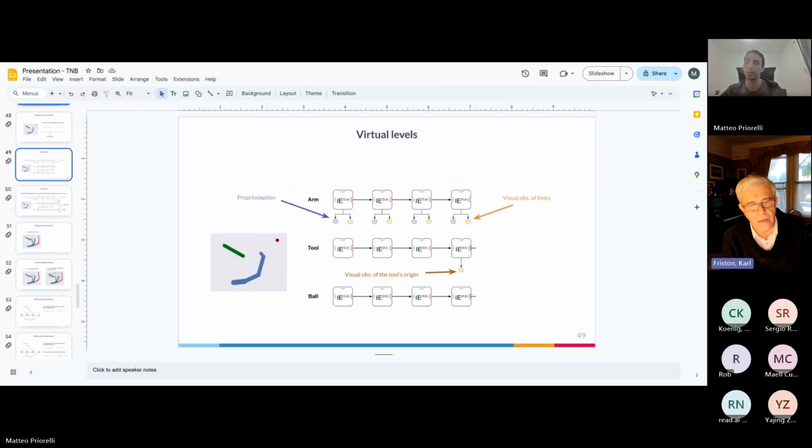Bits of it made sense, other bits did not. First of all, the kind of predictive coding that Baron Millage and colleagues have implemented from a machine learning perspective is a special case of this more general Bayesian filtering that you've already implemented.